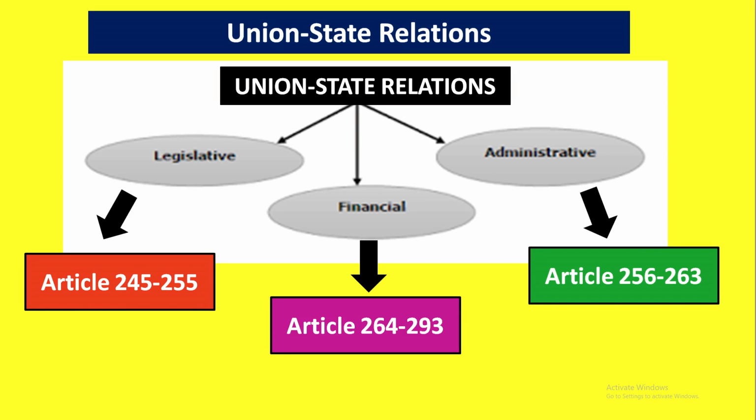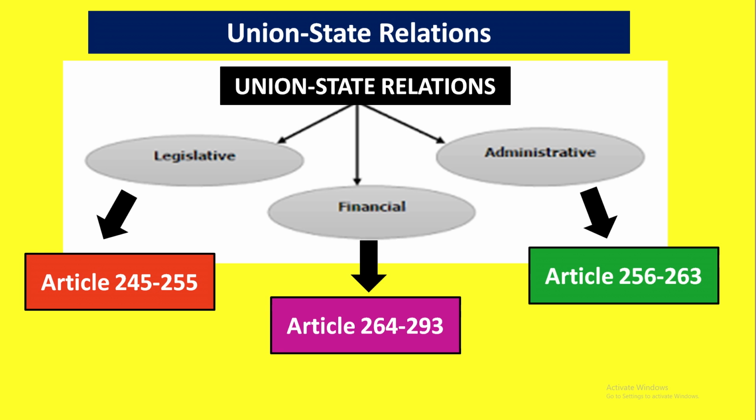This is all about the different features of Indian federalism. Let us discuss the union state relations. For smooth conduct of administration, for law making, for imposition of a tax, the framers of the constitution suggested that there must be good, smooth relations between the union and the states.